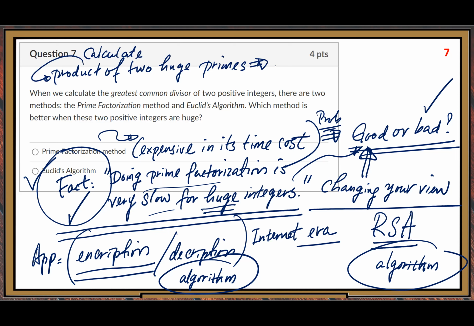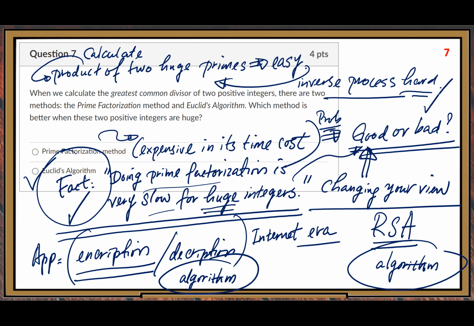The product of two huge numbers, using just an ordinary computer, is still easy. But the inverse process, the decomposition, is extremely hard. It takes years, compared to the multiplication.